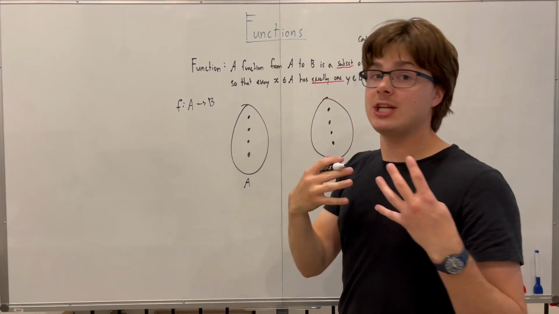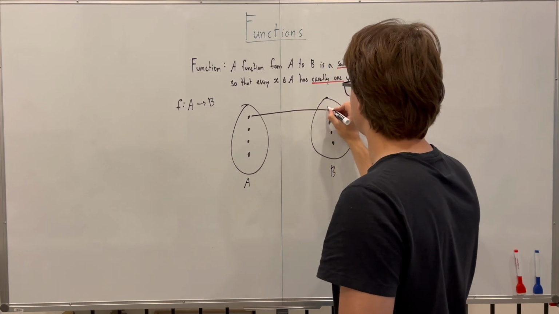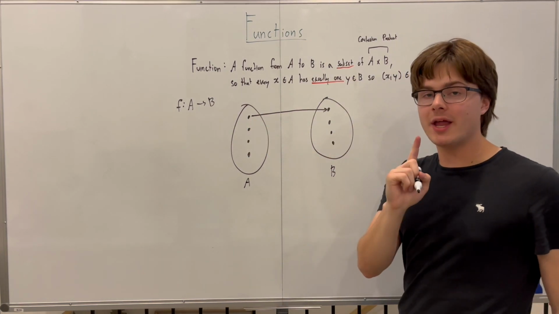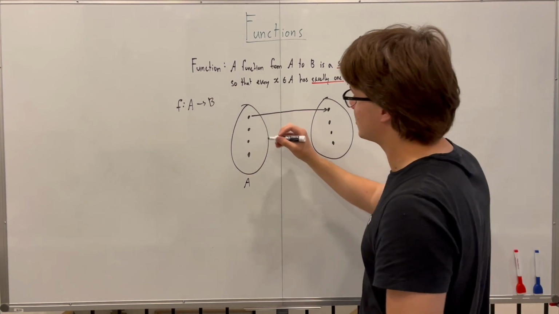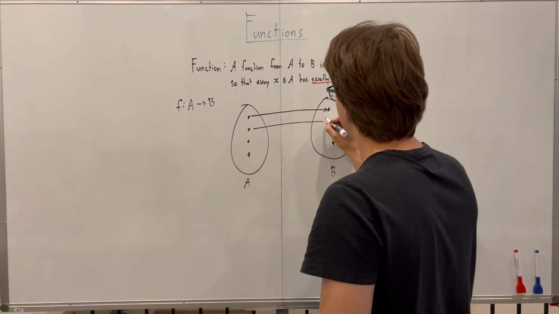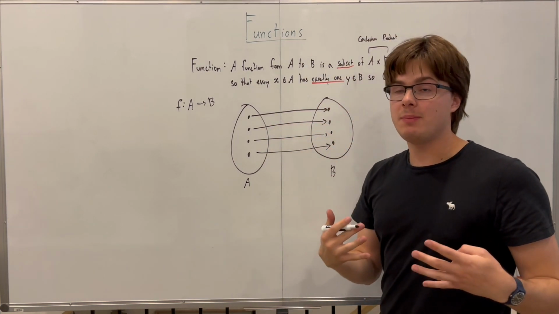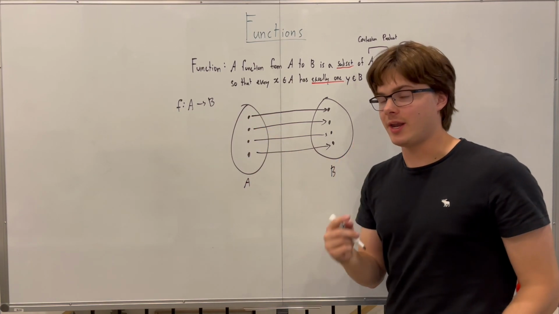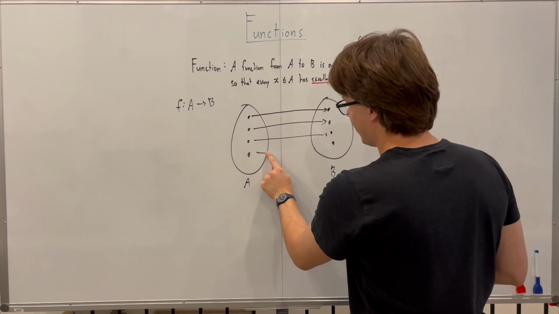That's kind of what a Cartesian product is. It's an arrow, but a function specifically means that from A, you can only have one arrow coming out of each of these dots, each of these elements. So you can have something like this, and this would be a function because every element here only has one arrow.